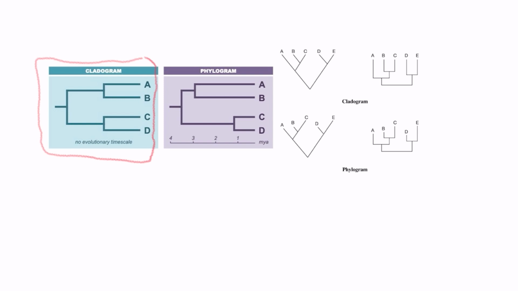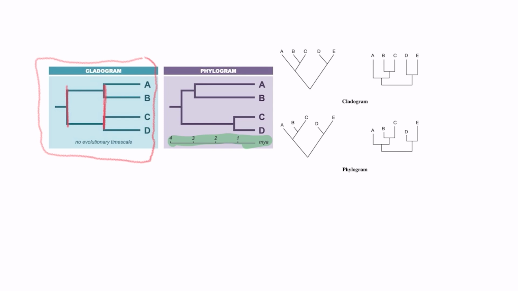But in the phylogram, we can see that it has the same taxa, but we have a bar which shows the divergence in million years ago. MYA means million years ago. Here you can see that both are in the same position, so it will not give any information about the evolution.